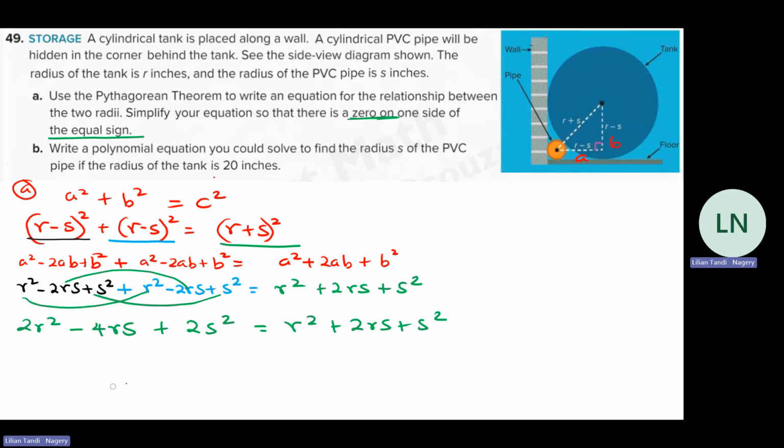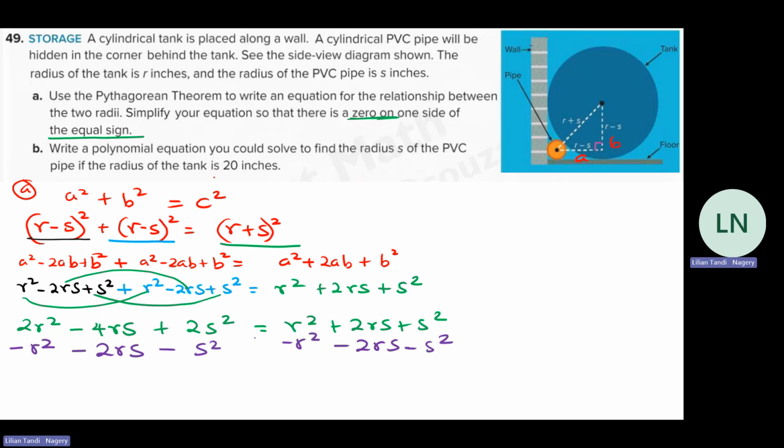Now let us bring this to this side: minus r squared, minus 2rs, minus s squared.